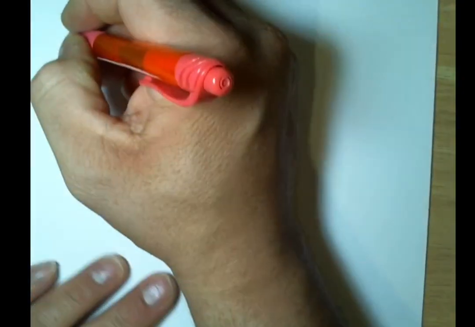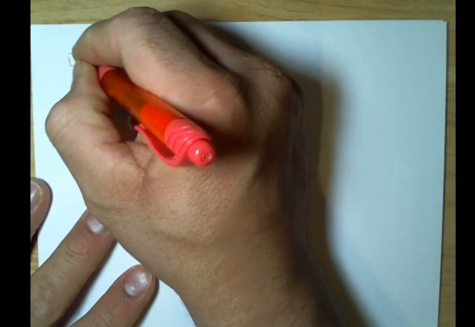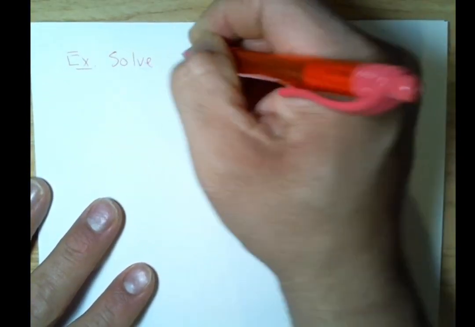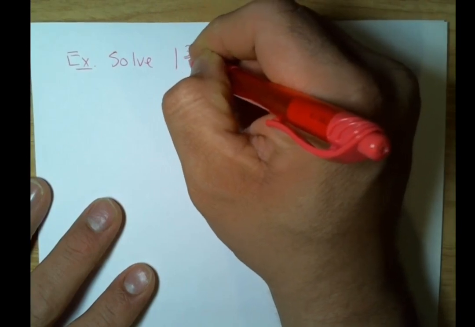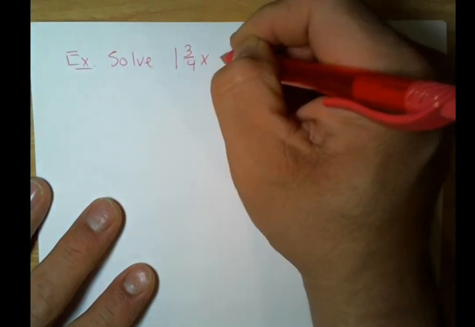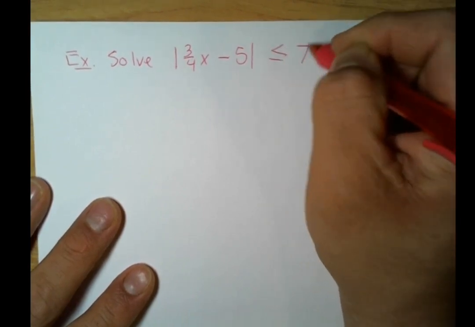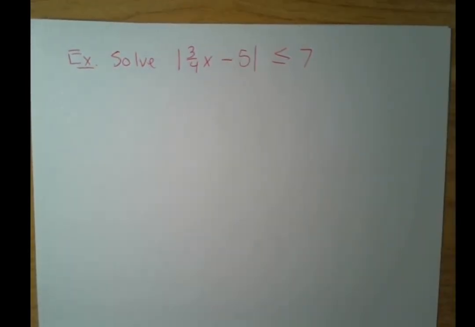Let's do one more example here. For this example, I want to solve the absolute value of 3/4 x minus 5 less than or equal to 7.